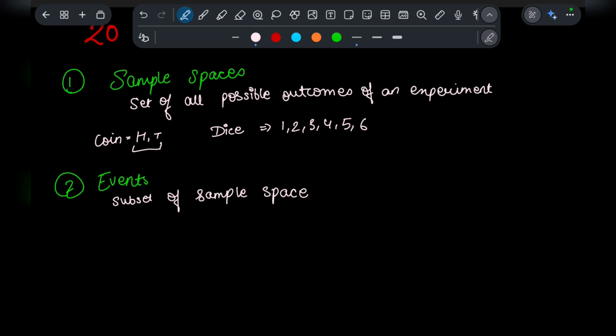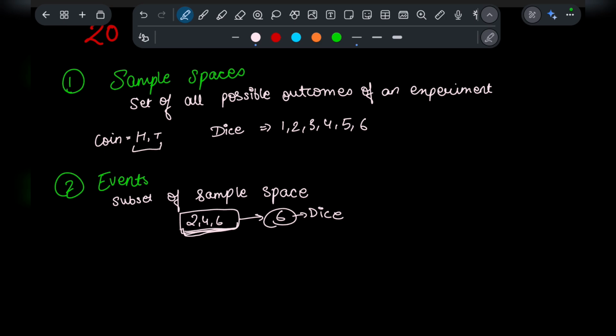For example, you roll an even number. What are the even numbers on the dice? 2, 4, and 6. These are only a few of the 6 outcomes you can roll on a dice, so these are known as events in probability.